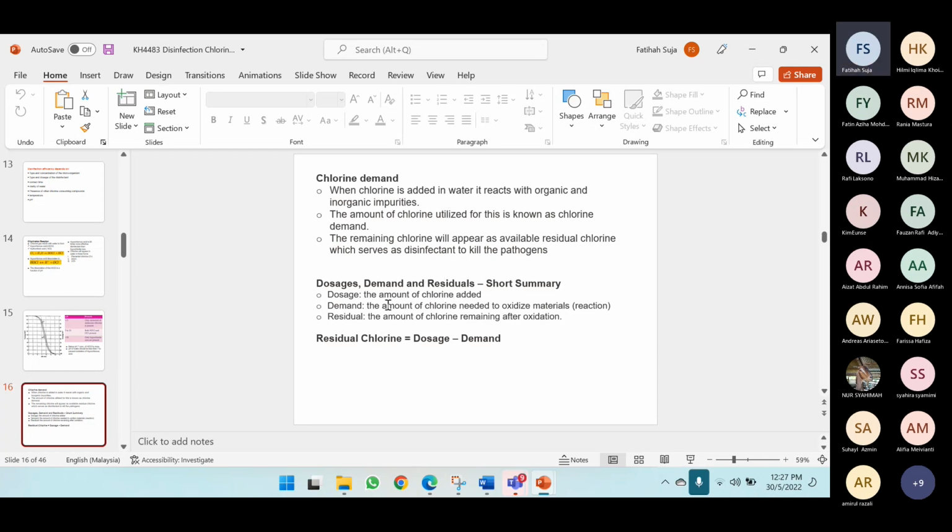So as summary, what is dosage, demand, and residual? Dosage is the amount of chlorine added. How much do you add to the water supply system? Demand is the amount of chlorine needed to oxidize materials, so the reaction. Residual is the amount of chlorine remaining after oxidation.